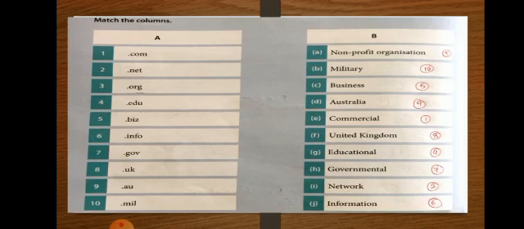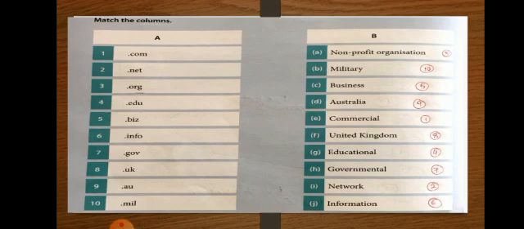Suppose on the internet it is given .com, then that .com is for commercial. .net is for network. .org is for non-profit organization. .edu is for educational. .biz, business. .info, information. .gov, governmental. .uk, United Kingdom. .au, Australia, and .mil, military.